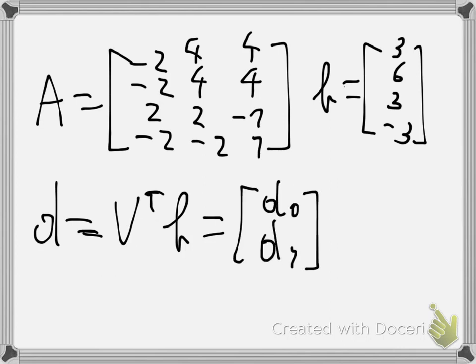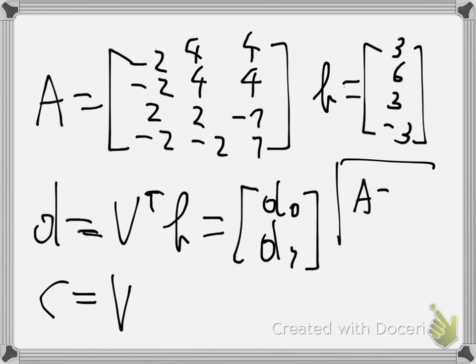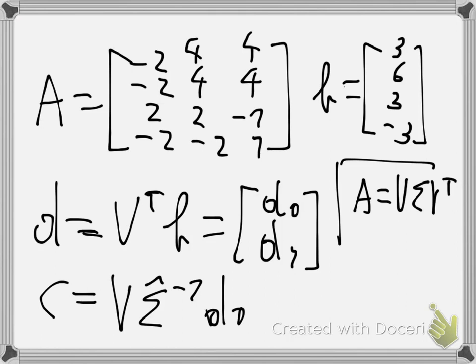D0 only contains rows that have non-zero elements, and our solution C will be given by the matrix V of the singular value decomposition. So recall, C equals V times sigma hat inverse times D0. Okay, D0.